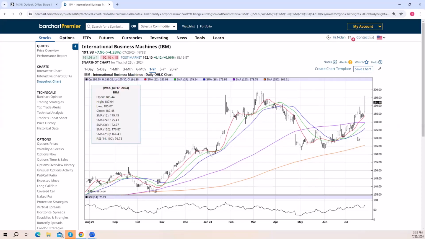So the guys who want to try to make more money would buy the debit call spread. Let's say again, we're in the 180, 175 range, and you think it's going to keep going because the trend looks like it is, and they've got earnings coming up.